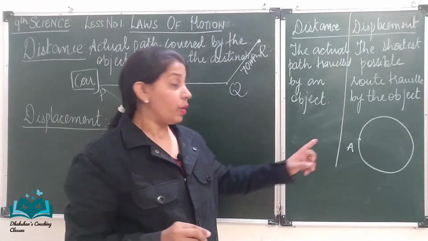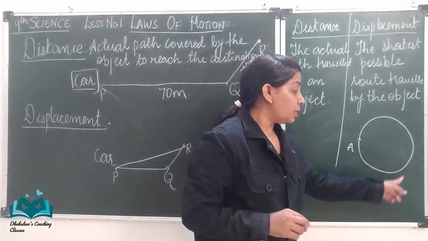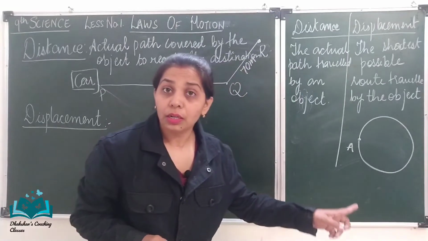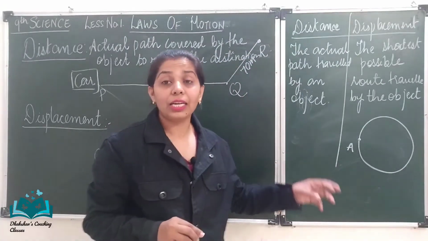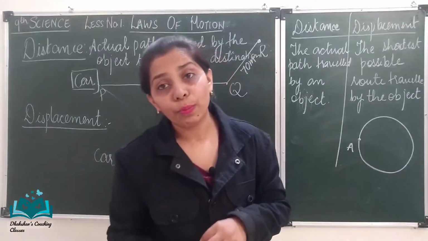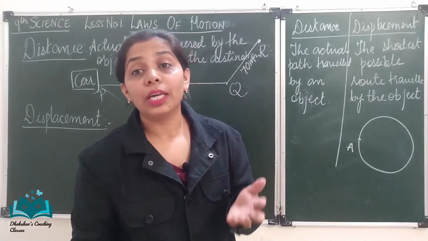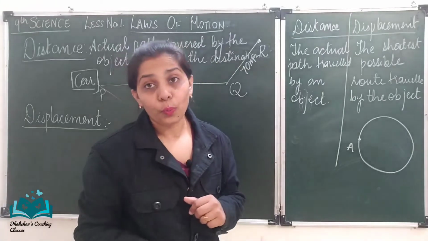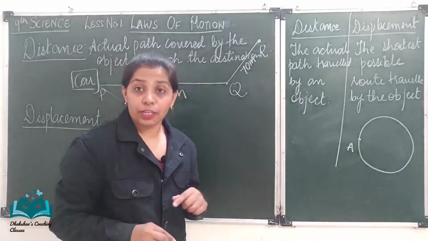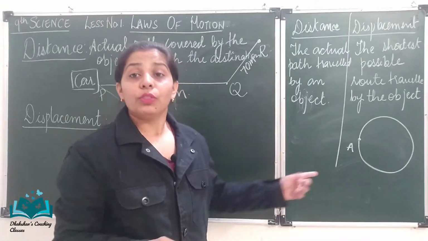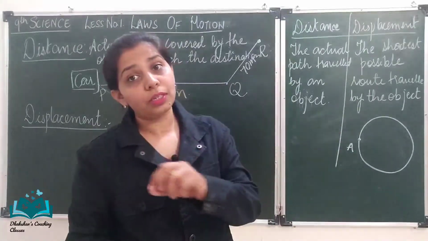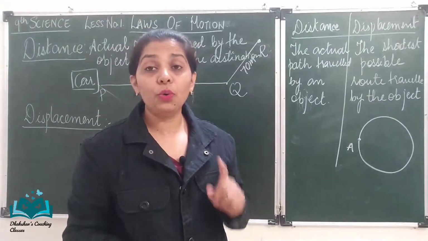When an object travels a certain distance and reaches the same position, the displacement is taken as 0. But if I say that the object covers certain distance, can it be true?